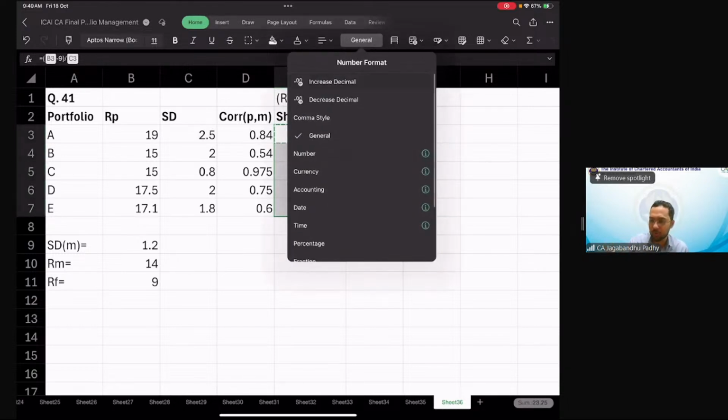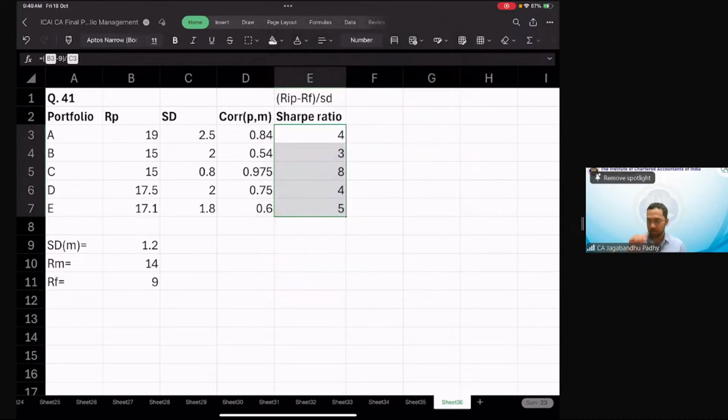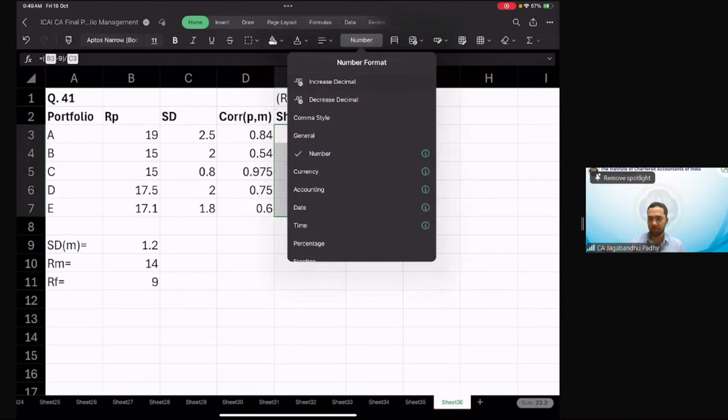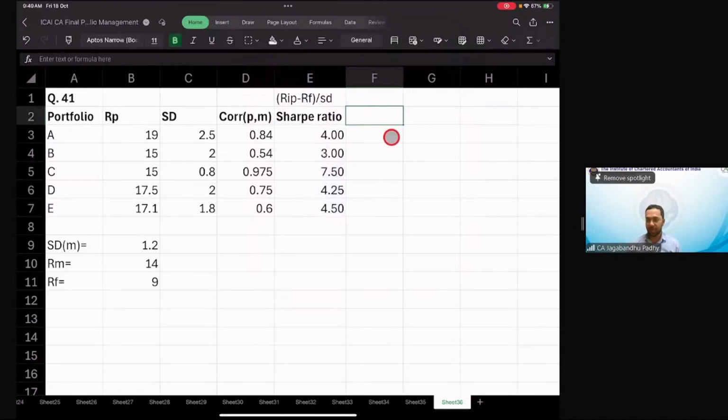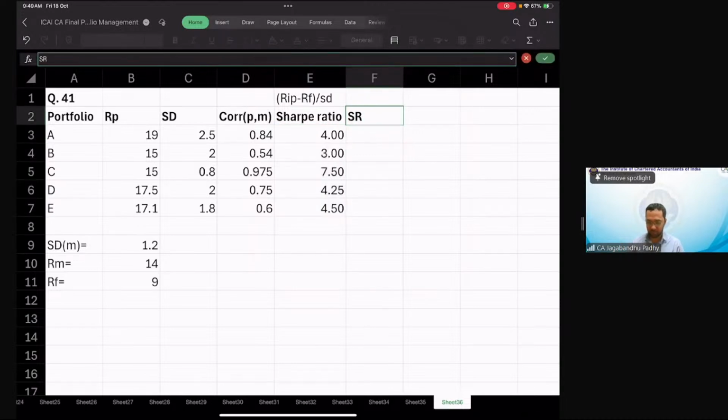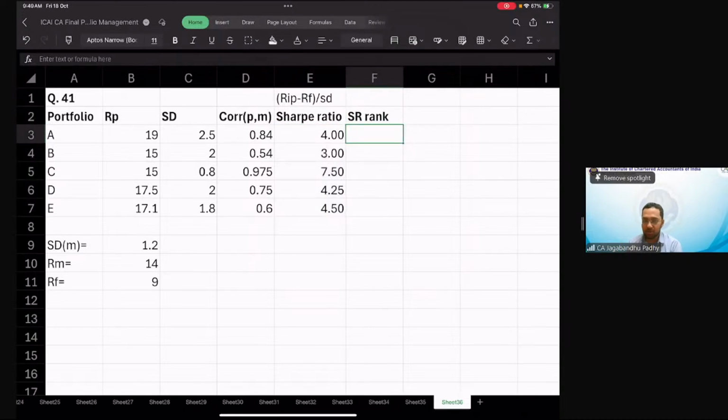Now, the rule for Sharpe ratio, as I stated, is higher Sharpe ratio indicates greater risk premium for every unit of standard deviation. So based on Sharpe ratio, I can give the ranking. The first rank, the best performing portfolio as per Sharpe ratio, is the one with 7.5 Sharpe ratio.